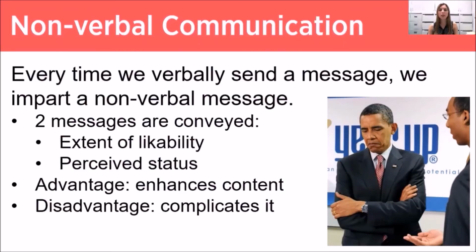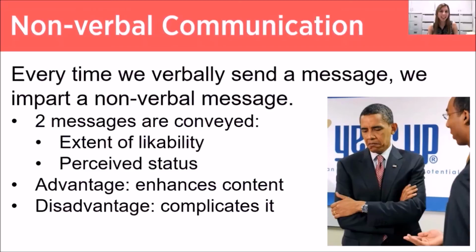For example, the image that we have here of President Barack Obama with his arms crossed, looking quite thoughtful and maybe disagreeing altogether with what this individual is saying to him. Our body language does enhance what we are saying verbally when the message we are conveying is in line with our body language. And this leads us into the disadvantage to it.